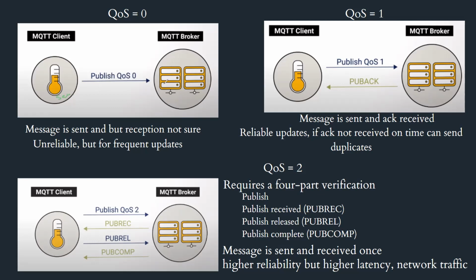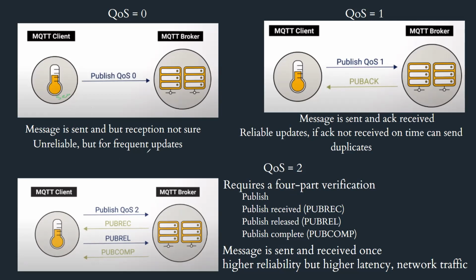So in cases where we lose the connectivity, we might lose some data in this scenario. However, this is also used in situations where we don't need all the data. If we lose one or two data points, it's okay. There are scenarios where we don't need all the data collected by the sensors, and it's okay to lose a certain percentage of data.